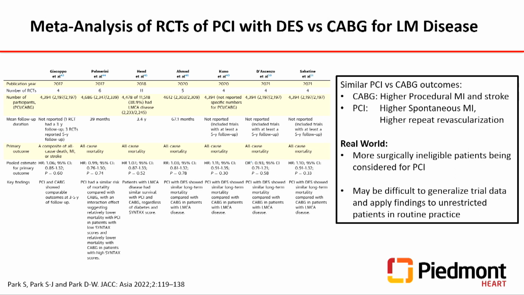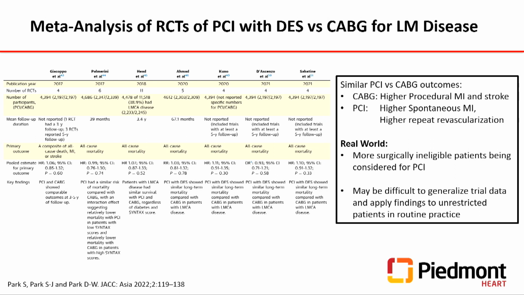The hard outcomes are similar for PCI and CABG for left main disease. There may be higher procedural MI and stroke rates for CABG, and so maybe favoring PCI in the early stages. However, this is offset by a higher spontaneous MI rate and higher revascularization rate in longer-term follow-up with PCI.